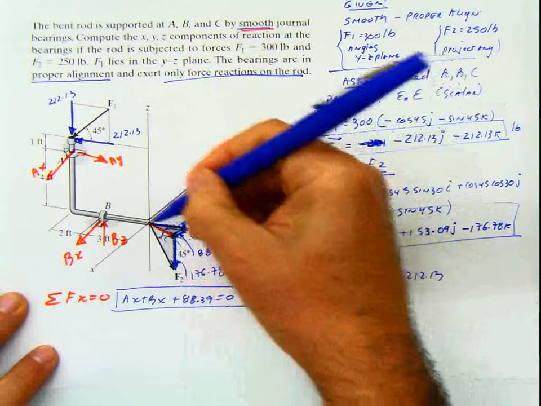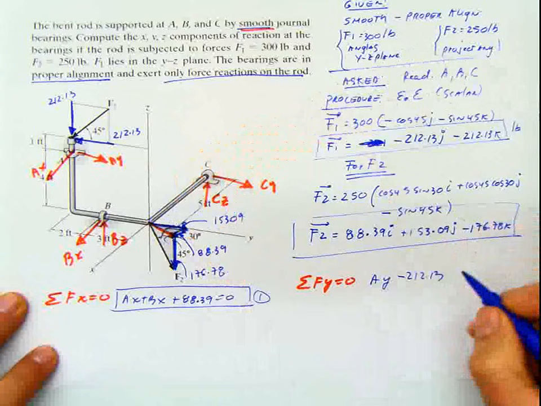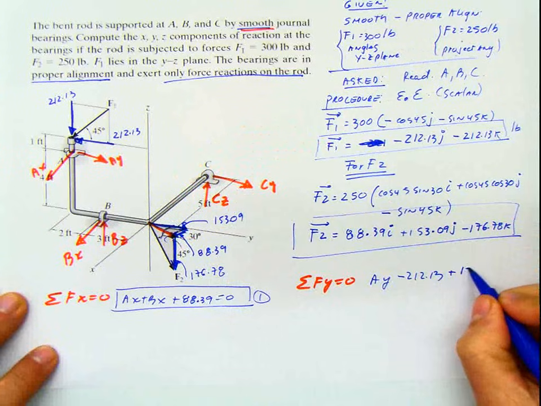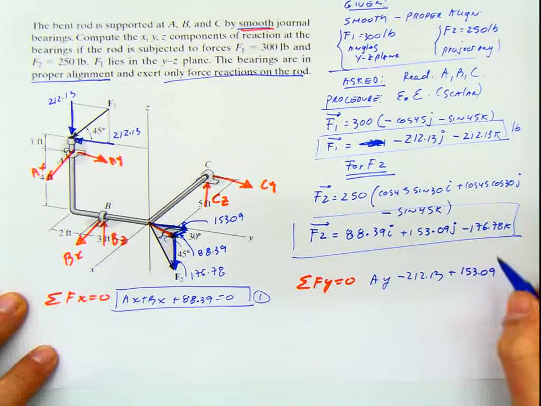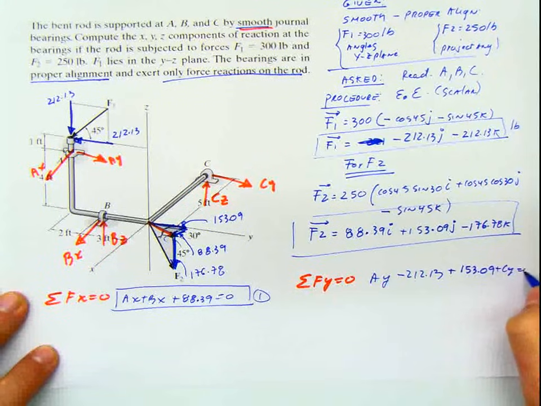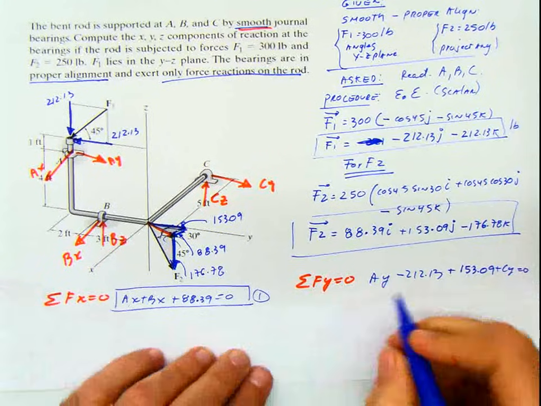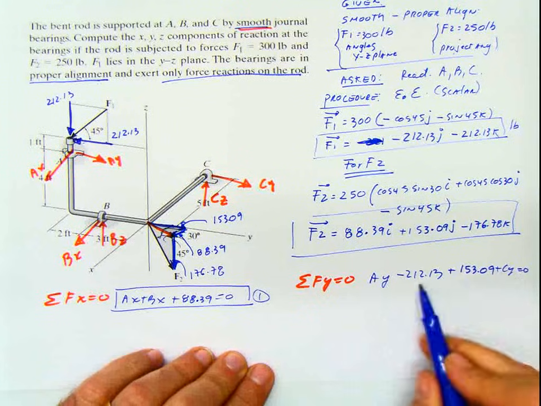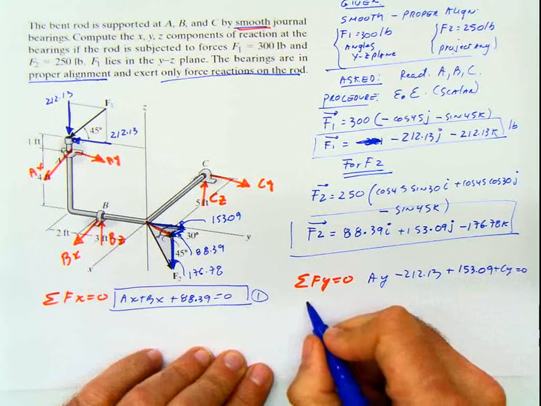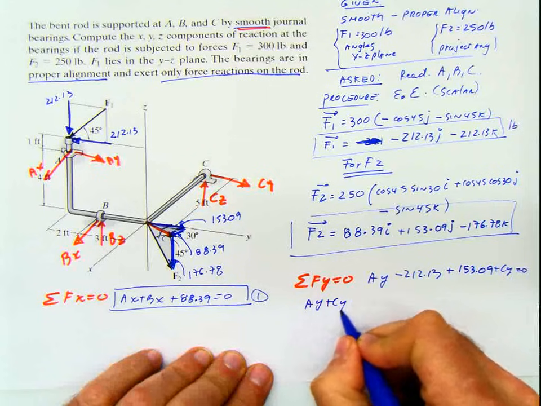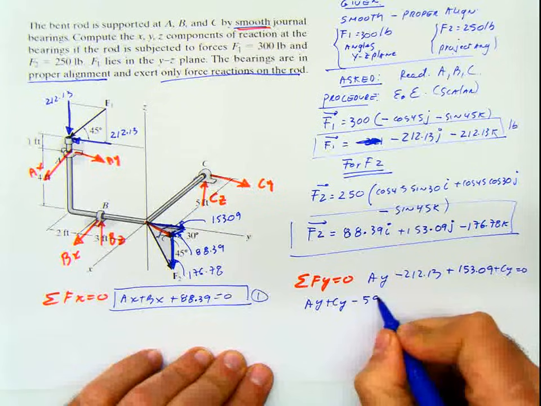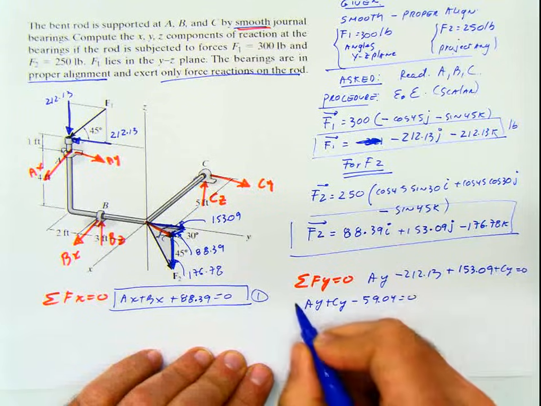I have this component, which is positive 153.09, and I have CY, which is also positive, equals 0. So basically, if I combine these terms, then I have AY plus CY minus 59.04 equals 0.